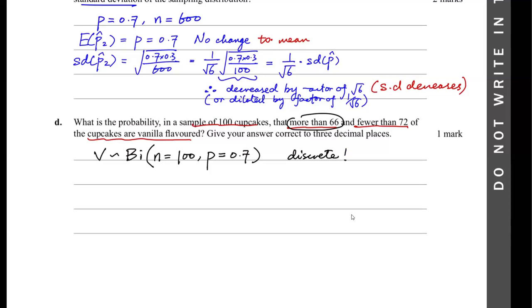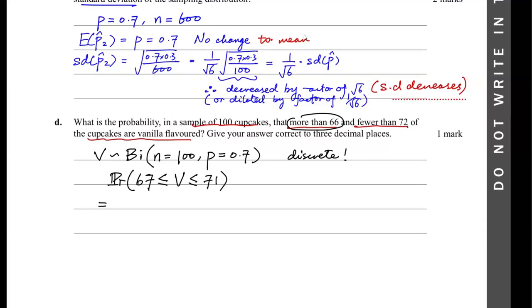More than 66. This is a discrete binomial random variable, so you need to be aware of the inequality differences. I'd like more than 66, so I actually start from 67, V less than or equal to 71, because we can't take 72. And you could work that out using your binom CDF.